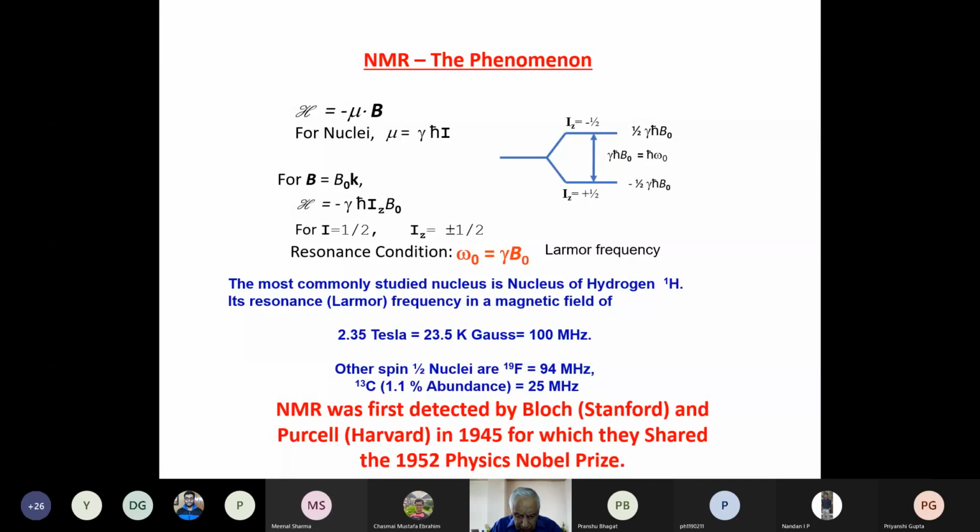Other spin half nuclei are F19, which in the same magnetic field has a resonance frequency of 94 megahertz, and carbon 13, which has a 1.1% natural abundance, has a resonance frequency of 25 megahertz. NMR was first detected by Bloch from Stanford and Purcell at Harvard in 1945, for which they shared the 1952 Physics Nobel Prize.